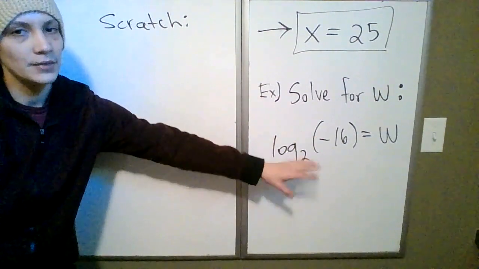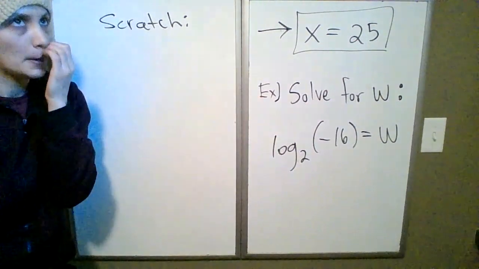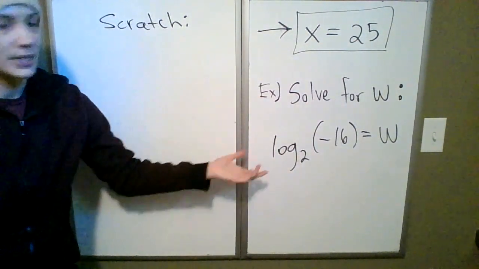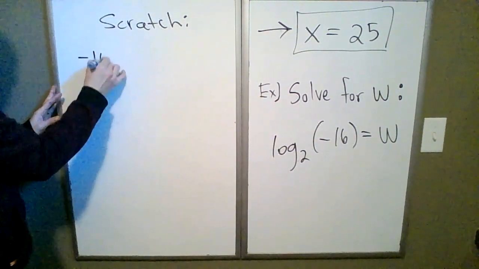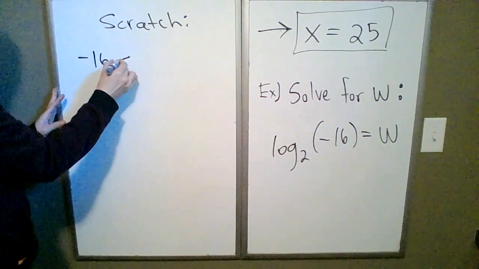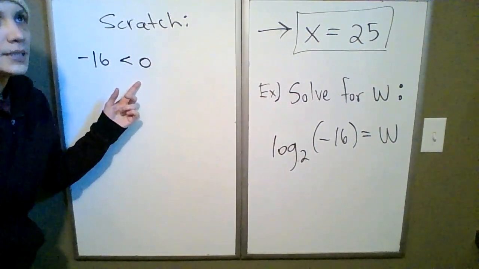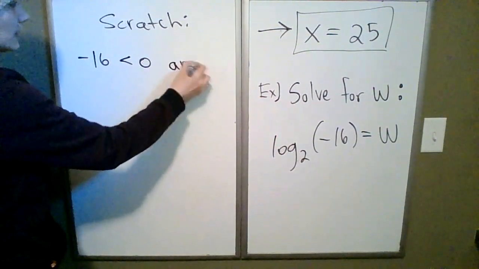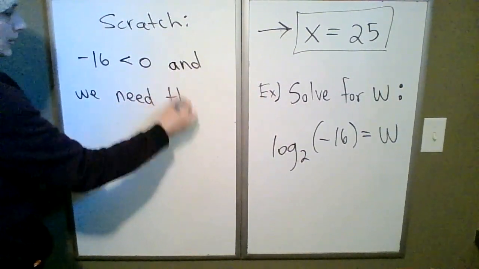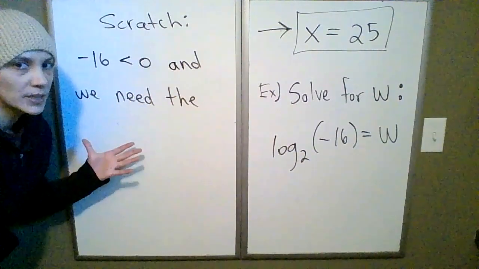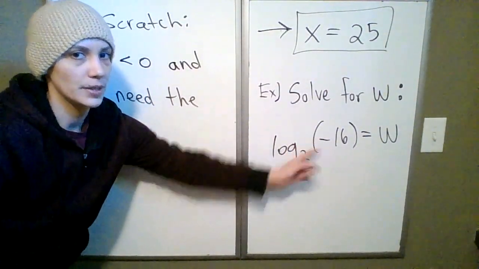Since this is a negative number, there is no value for W that makes this possible. Okay, -16 is less than 0, and we need the argument of the log, which is whatever number is in the parentheses, which is your input for this function.